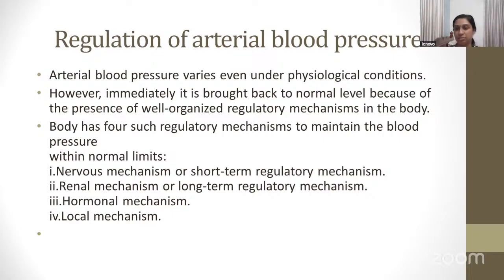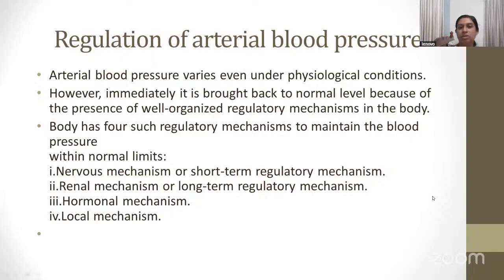And after that, taking the BP, it will be somewhat lower if the patient is under medications. Okay, so in normal physiological conditions also, there will be certain changes in BP. However, in a normal person it is immediately brought back to the normal level. Okay. That's due to the well-organized regulatory mechanisms in the body.